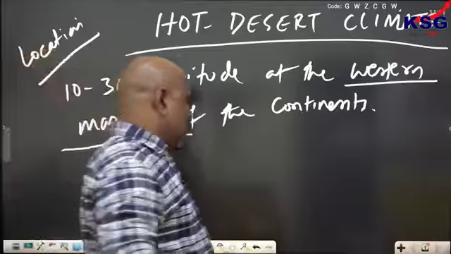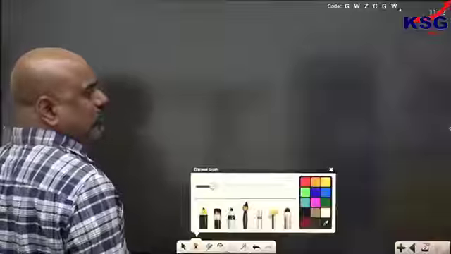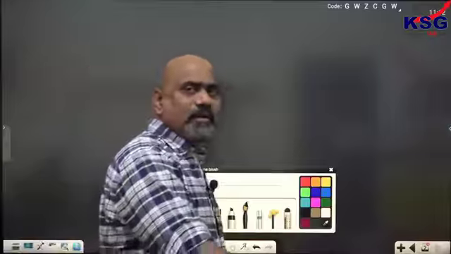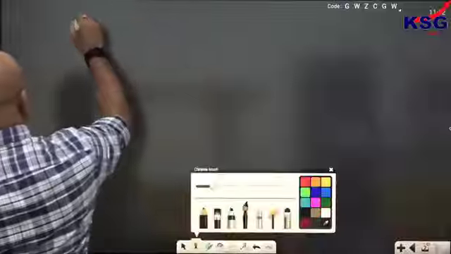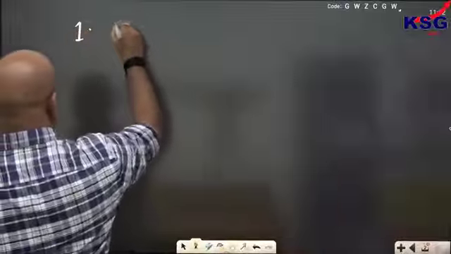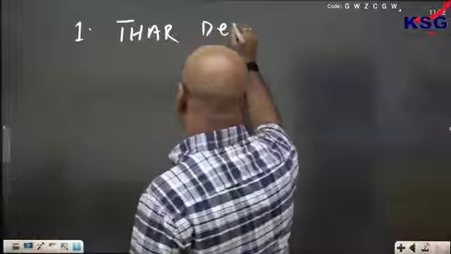Okay. So you can see here, for example, West Asia and India. In India, first let us look at the first hot desert, the Thar desert. Thar desert is in India.